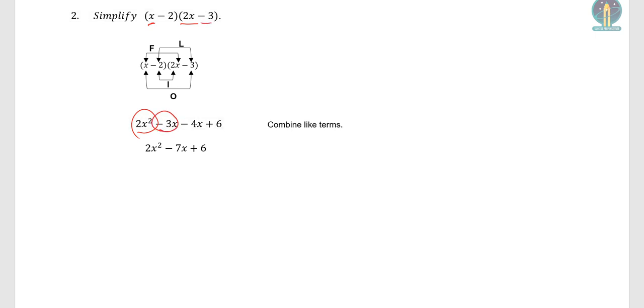I is inner terms, so minus 2 times 2x is minus 4x. And then L is the last terms, so minus 2 times minus 3, which is plus 6. Combining like terms, we have two terms that have x's, so minus 3 minus 4 is minus 7x, and then the x squared term remains and the 6 remains.